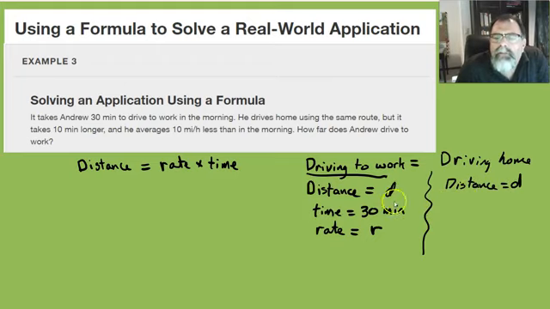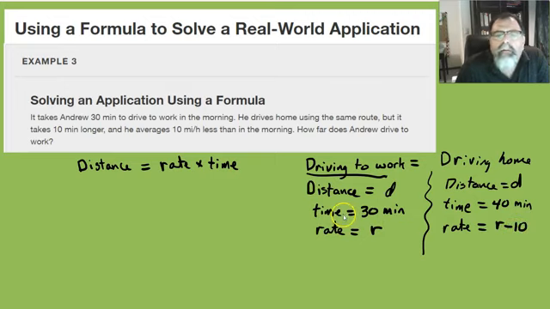We're going to set these two equal to each other. His time is 10 minutes longer, so that's 40 minutes. And then his rate is 10 miles per hour less.